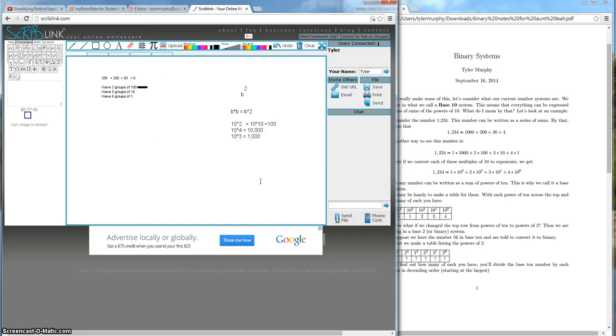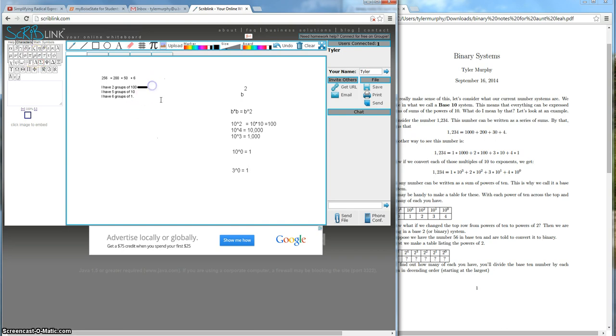10 to the 0 has no zeros after the 1. But that works with everything, whatever your base is. So 3 to the 0 is also 1. Whatever number you have is always 1 if it's to the 0 power.